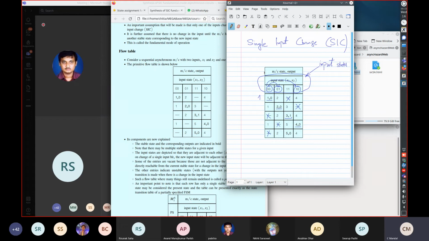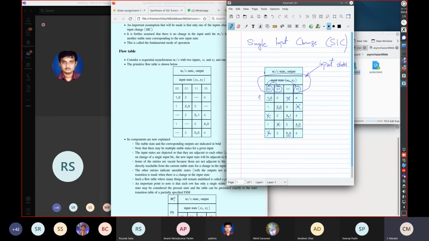Now you can also check what's happening for 4. From 1, 0, if it changes to 1, 1, it makes a transition to state 5, which is also stable for 1, 1, with the output of 0. And if from 1, 0 the input changes to 0, 0, it makes a transition to 1, and state 1 again has a stable output of 0.